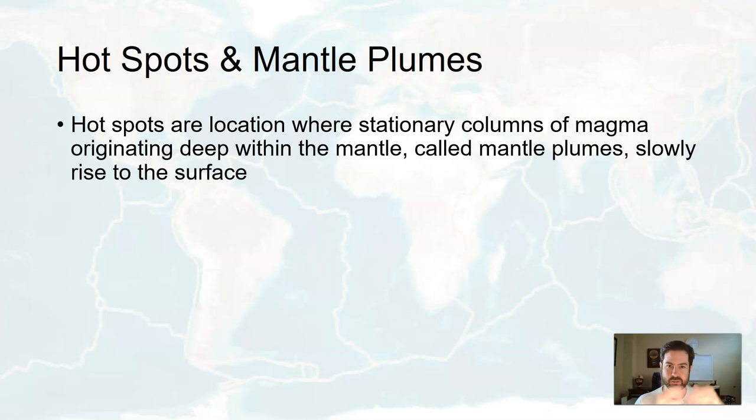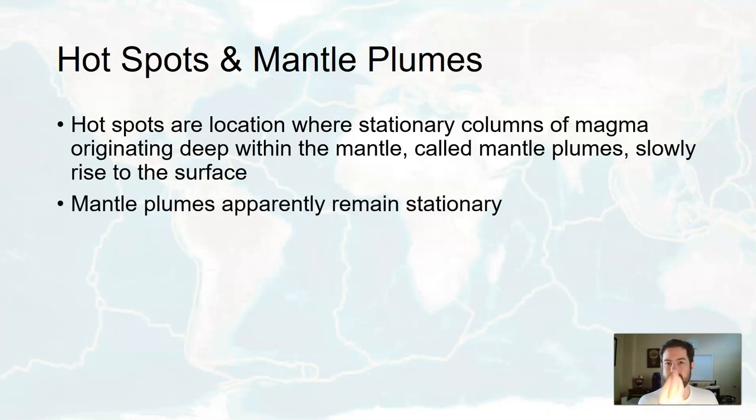Increased pressure is changing the chemistry dynamics of the mantle material, allowing it to melt. When it melts and becomes liquid, liquid is less dense than solid, so that liquid magma begins to rise, forming this mantle plume, creating this hot spot.